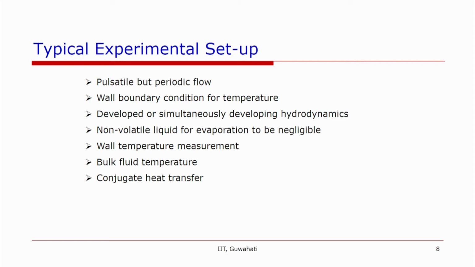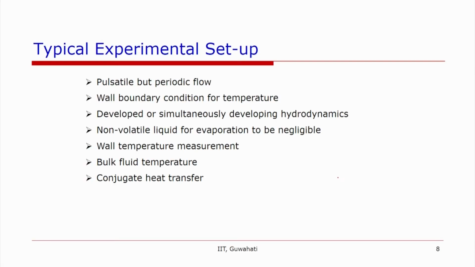The T wall can be easily measured by putting thermocouples at different locations on the wall, or by different wall temperature measurement techniques. However, it is not easy to measure bulk fluid temperature, because if one puts a thermocouple inside the channel, the flow behavior is going to change because of the presence of a temperature sensor.